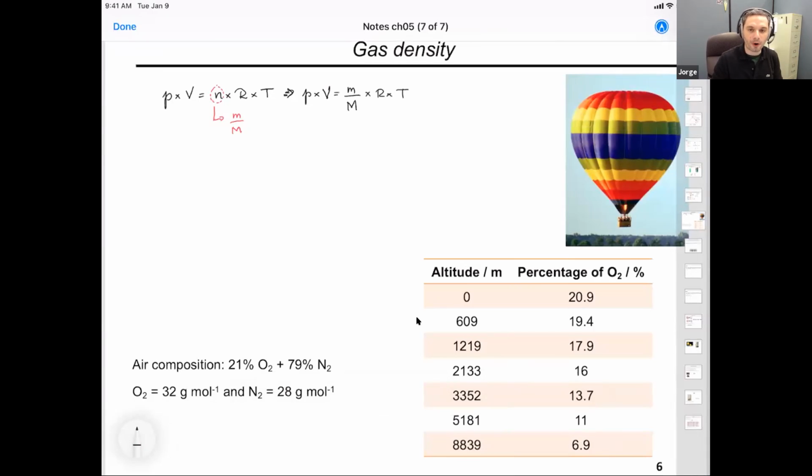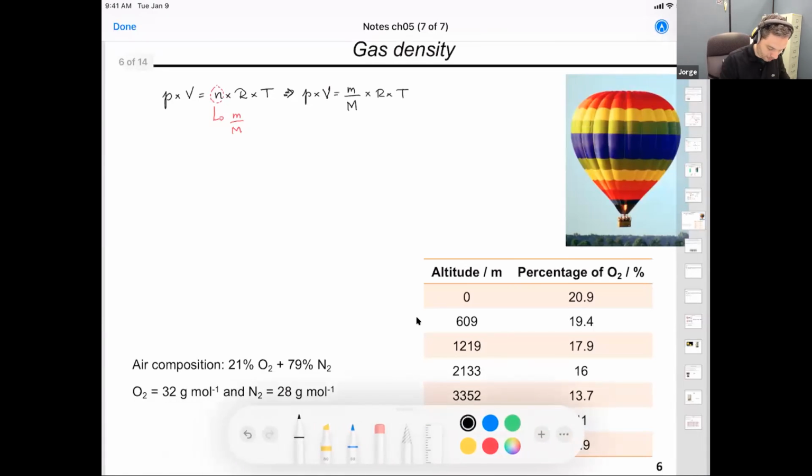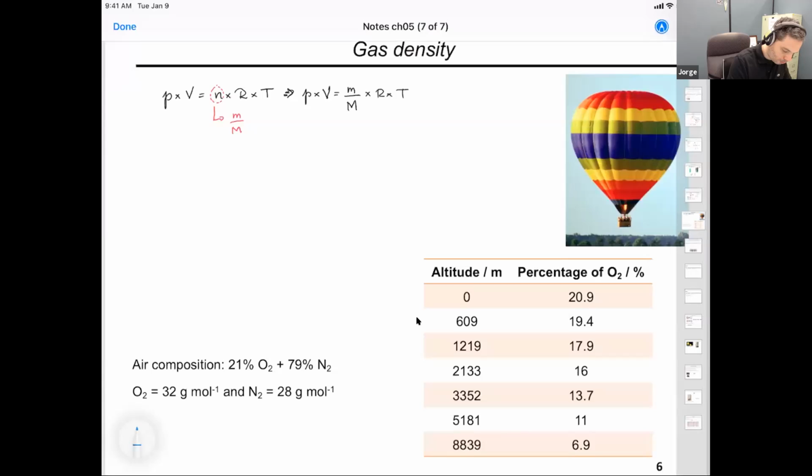If we are looking for density of anything, we are looking for the ratio between mass and volume. Looking at the ideal gas equation, we have mass on the right side and volume on the left side. So our goal here is to work with the equation to get mass over volume and isolate that from the rest of the equation.